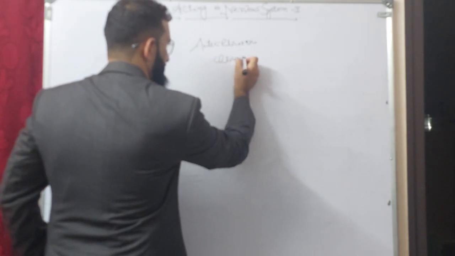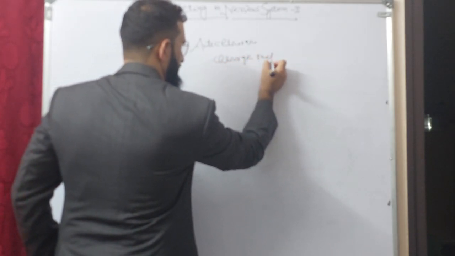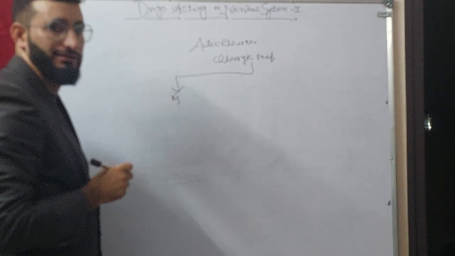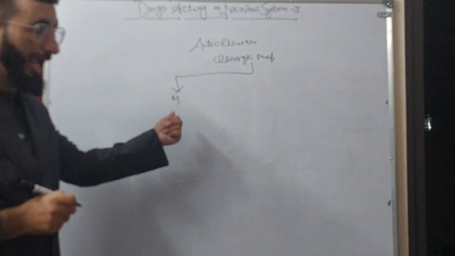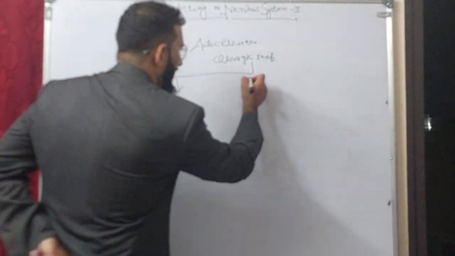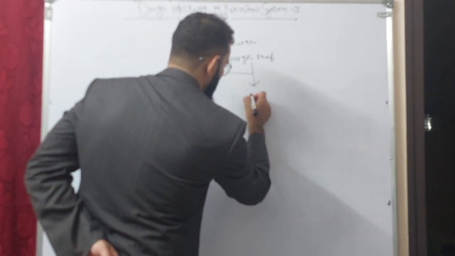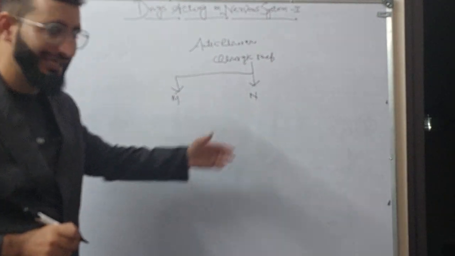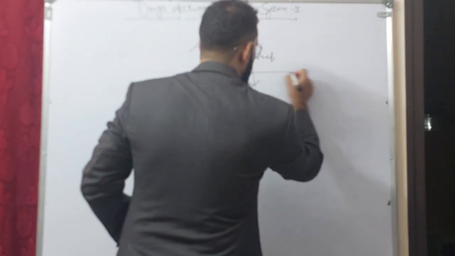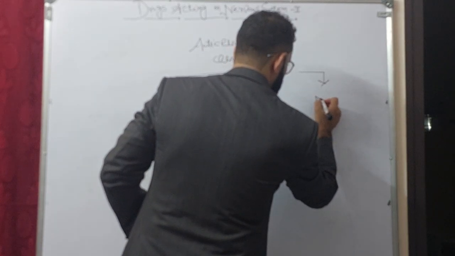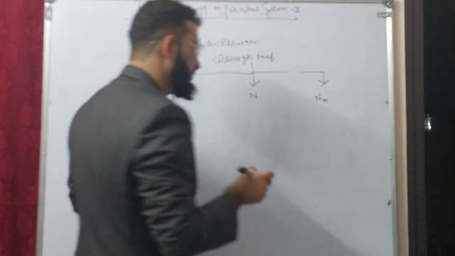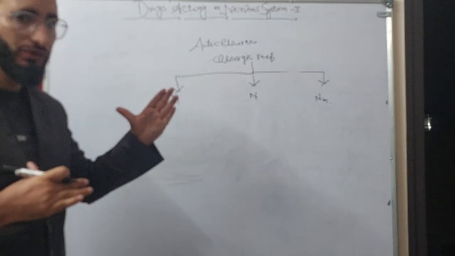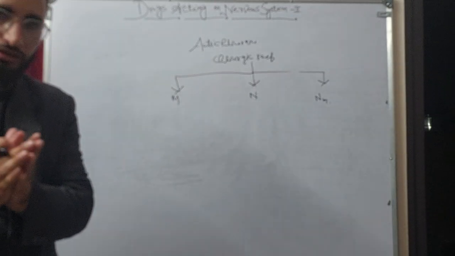We have muscarinic receptors, denoted as M, and nicotinic receptors, symbolized as N, and then we have the neuromuscular junction receptor, NM receptor. These are the three cholinergic receptors on which acetylcholine binds and gives action.